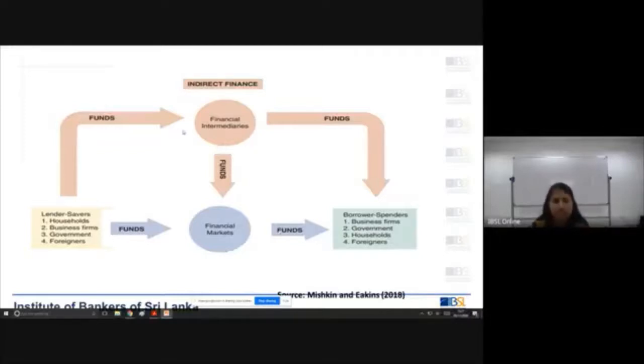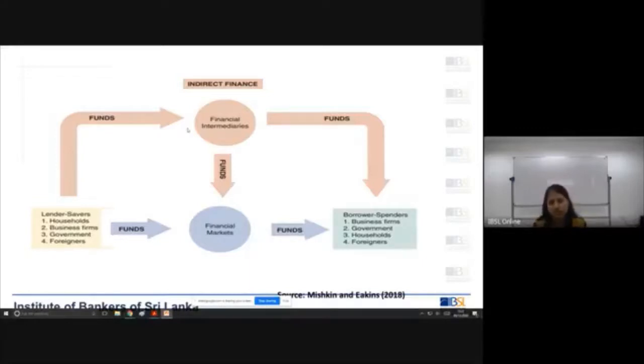So in this third way of channeling, the examples are primary dealers, mutual funds, and unit trusts, who do this. Okay, so let me explain how they do this. What they do is, as an entity or financial intermediary, they will sell.